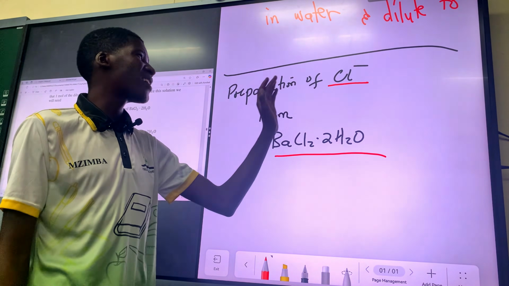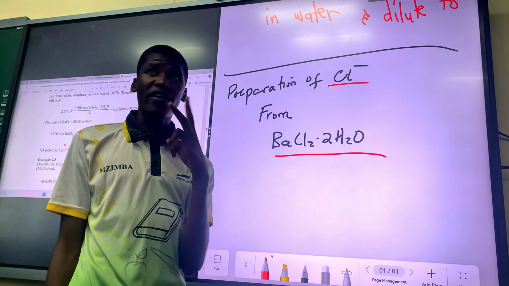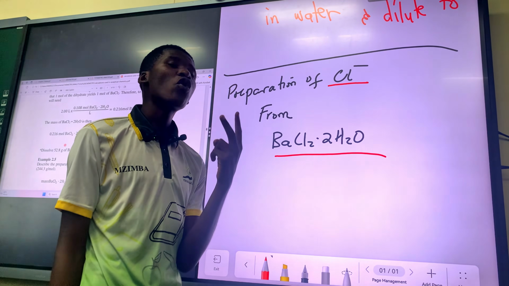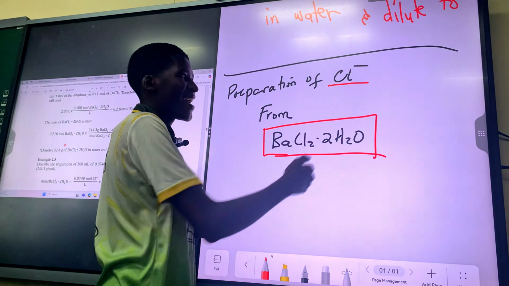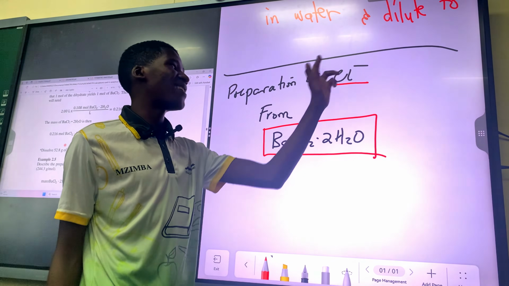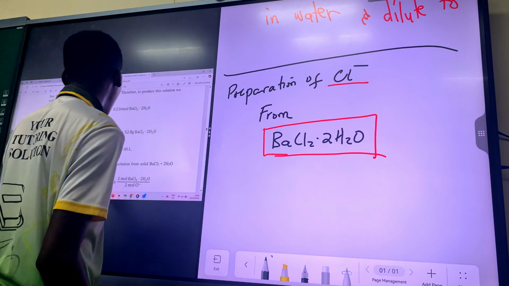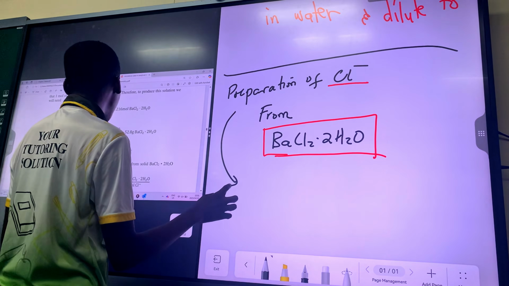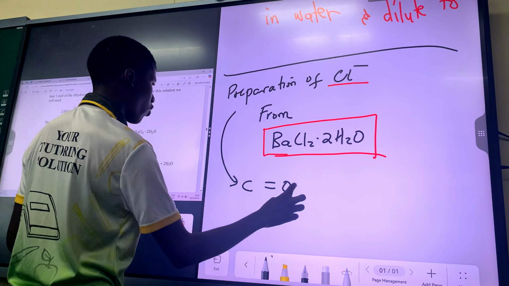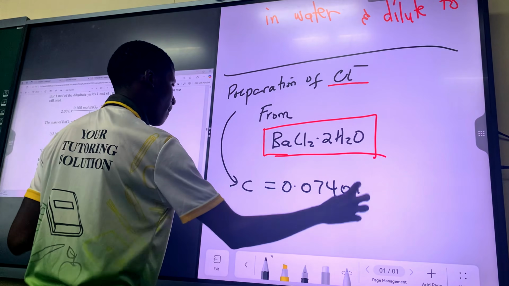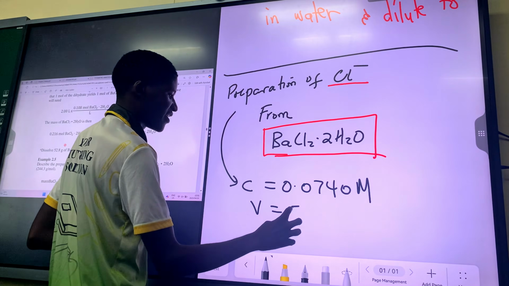So here from analysis we can see that we have got about 2 chloride, we have got 2 chloride ions. So we want to see that if we were to prepare a certain mass of barium chloride dihydrate, how can we prepare Cl minus ions with this concentration? They must be concentrated with this concentration. Their concentration must be 0.0740 molar. And then their volume must be 500 milliliter.